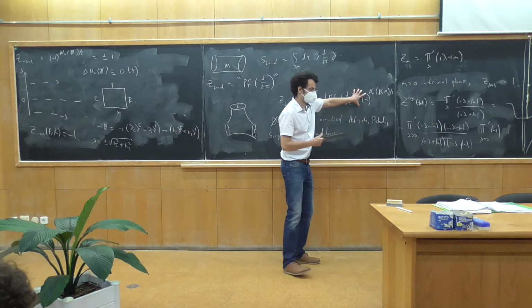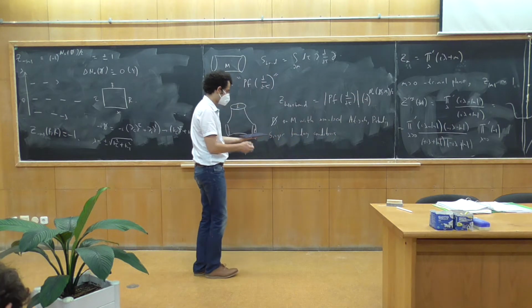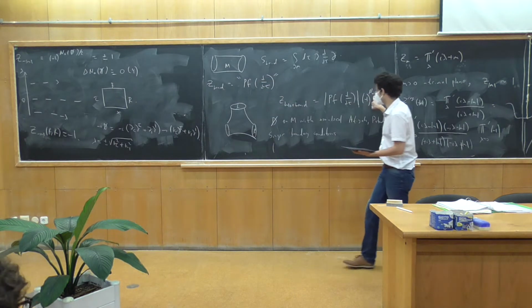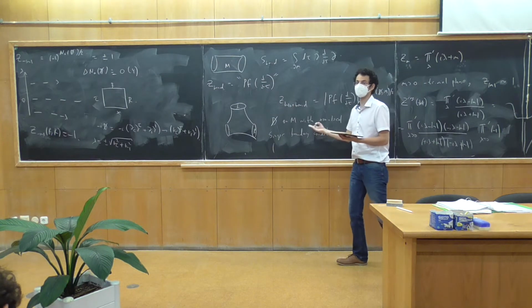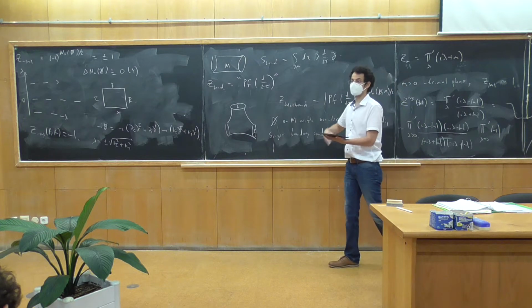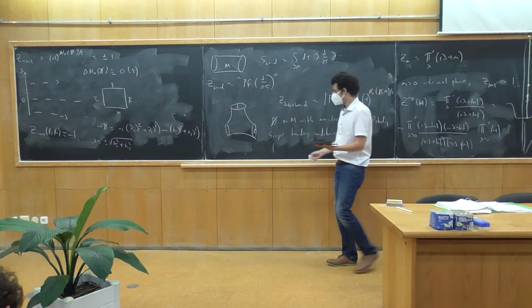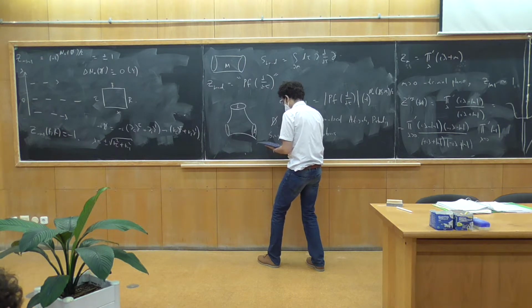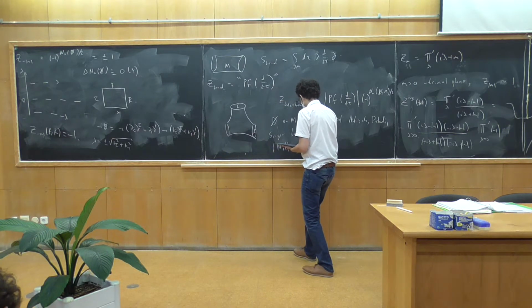Why is this the correct prescription on an open manifold? In particular, why do we get these non-local boundary conditions? Shouldn't all boundary conditions be local? Well, you can actually derive it from local boundary conditions. And it's discussed in this paper by Witten and Yonekura.